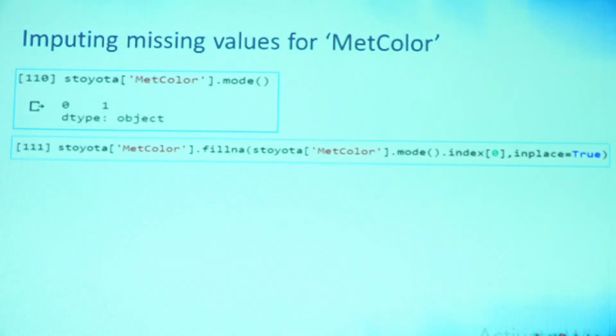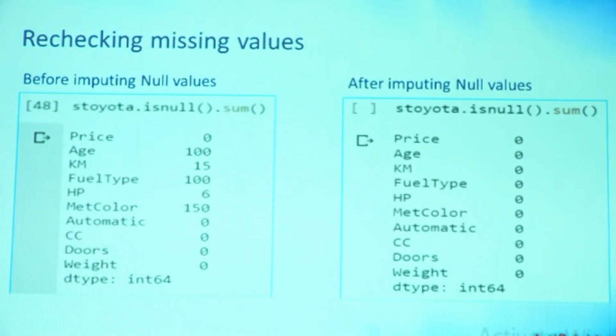So did we complete all the columns by now, or is anything left? Age we did, kilometer was having a problem, HP was having a problem, we did that, met color, and fuel type. We all worked, I think we have almost covered everything. How do I know?